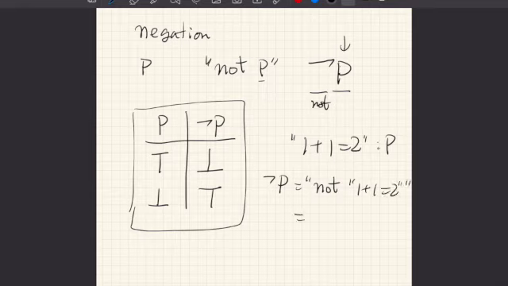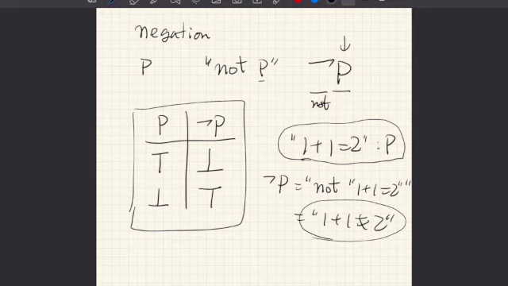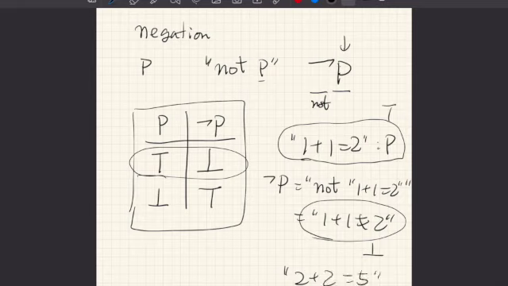That is to say, 1 plus 1 is not 2. If this is true, what's the value of this statement? If this is true, then this is false, just like this. And try the same argument with this statement. Since this is false, its negation is true.